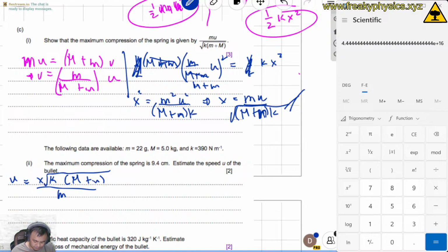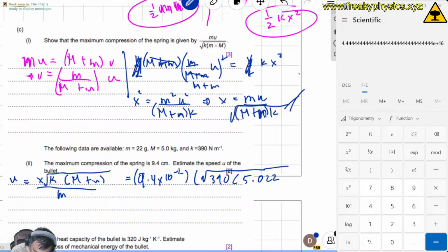Now we're going to put everything in here since everything is given. So that's going to be equal to the compression, 9.4 times 10 to the minus 2 meters, times the square root of k, 390, times the combined mass, 5.022, then divide the whole thing by the small mass, 0.022. Okay, so put that in the calculator. What do we get?